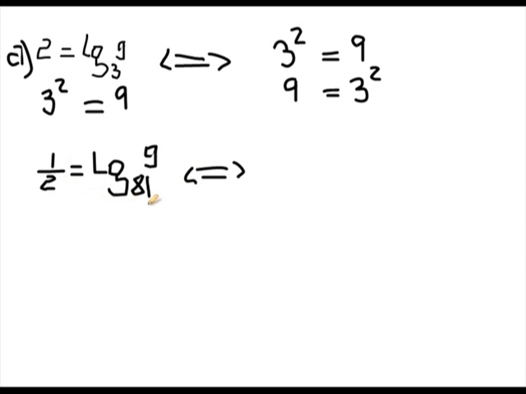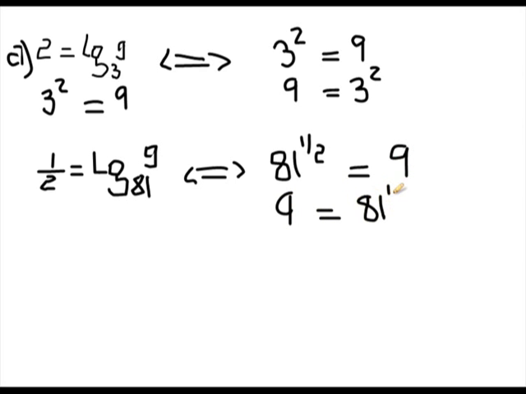So the question is: to what power do I need to raise 81 to get 9? It's 81 to the power of 1/2. So 81 to the power of 1/2 equals 9. It's the same as saying 9 equals 81 to the power of 1/2.